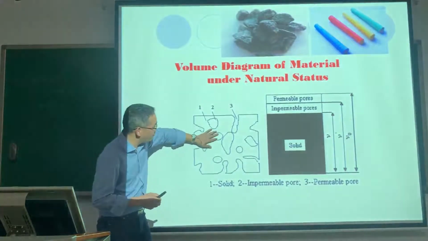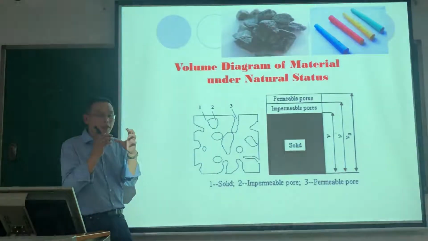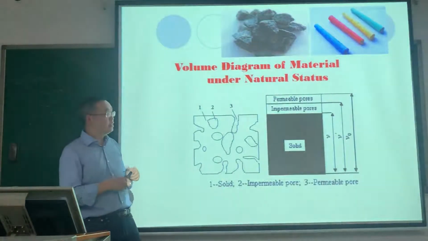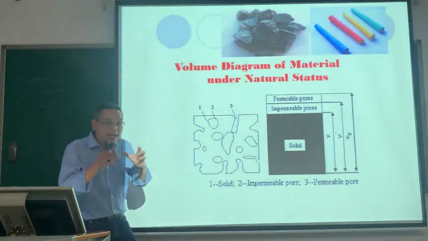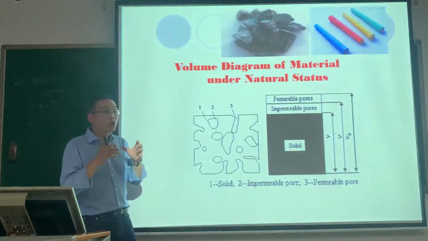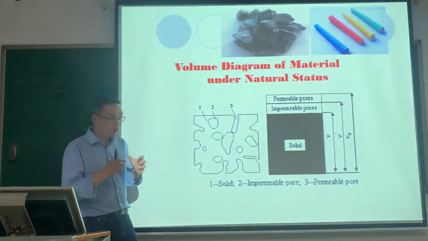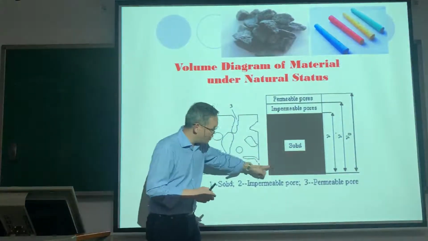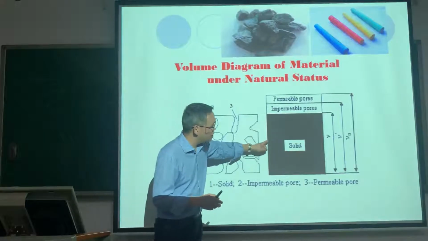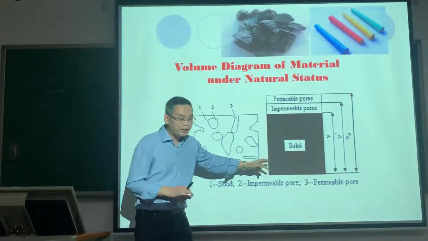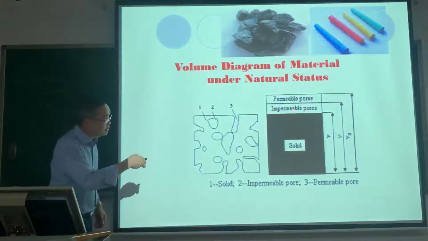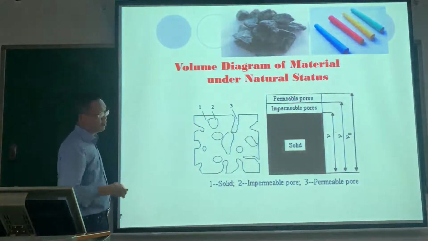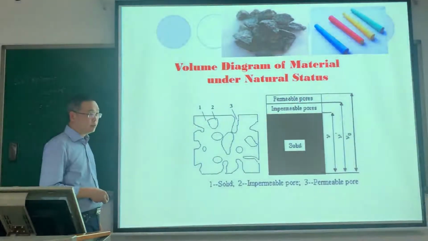The others are impermeable pores, which are inside the material. So for any material, we consider its volume to consist of three parts: the solid, the impermeable pores, and the permeable pores.